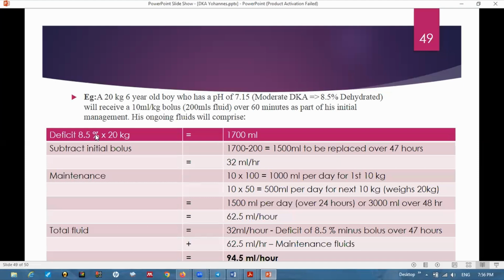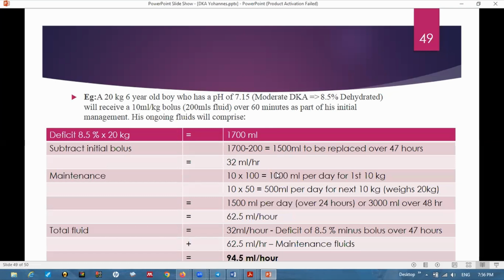When you calculate the deficit, it's around 1,700 ml. We will subtract the initial bolus, the 200, from the 1,700, so the calculated fluid will be 1,500, which will be replaced over 47 hours.